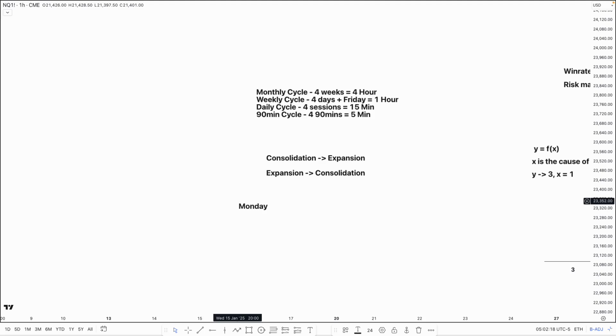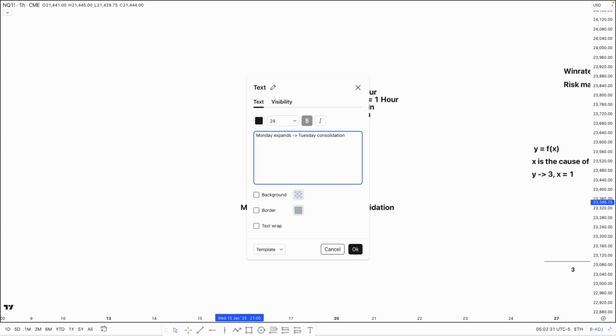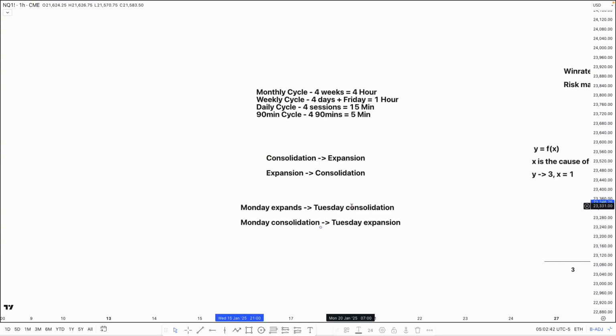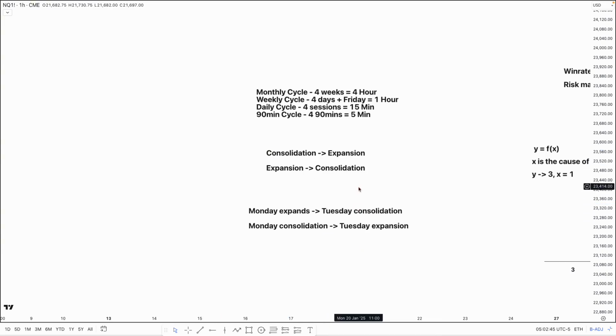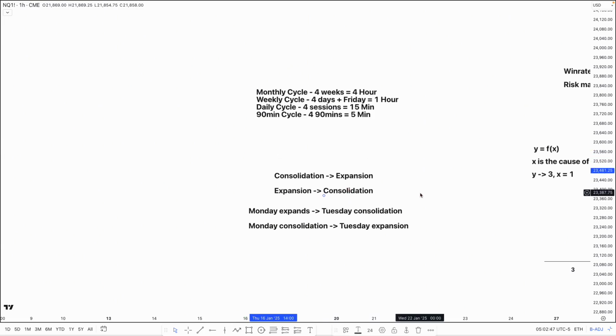So if Monday expands, we'll be anticipating a Tuesday consolidation. And once again, vice versa. So a Monday consolidation will give us a Tuesday expansion. And whether Monday will expand or consolidate is something we will go into in the next video. But in general, these are the things you'll be paying attention to. Okay?